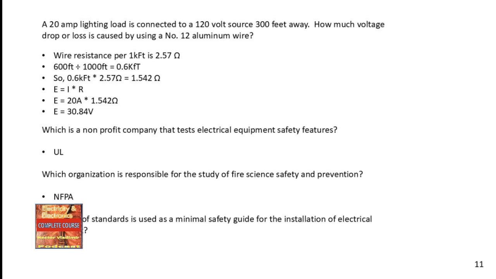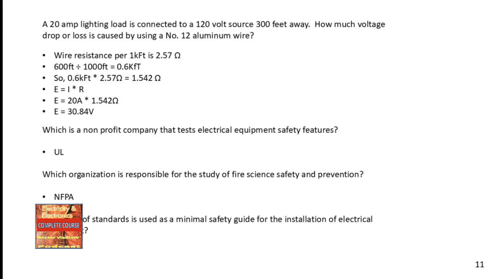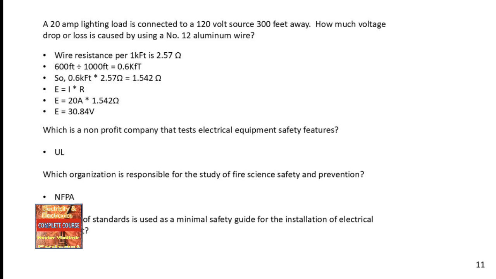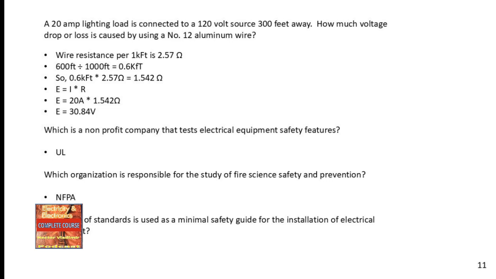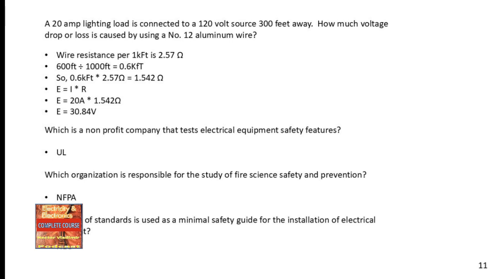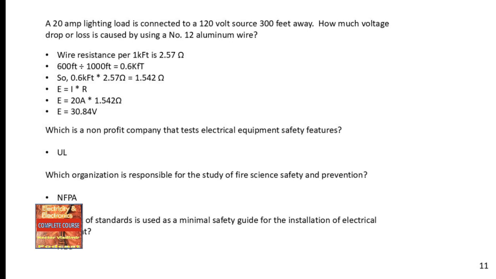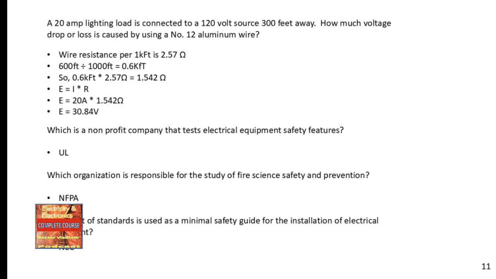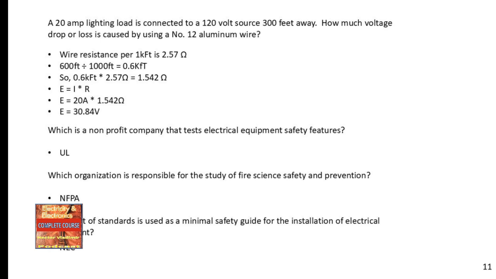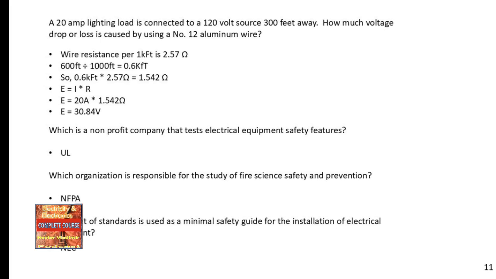So doubling 300 is 600. So we still don't have 1,000 feet. We have 600 feet. To find the equivalent resistance in ohms for 600 feet, we have to find the equivalent in kilofeet. For that, we divide 600 feet by 1,000 feet, which equals 0.6 kilofeet.